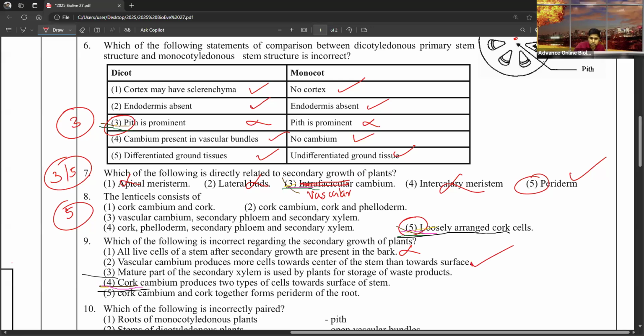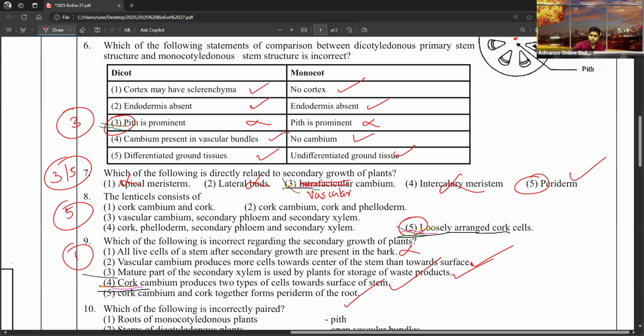The mature part of the secondary xylem is used by the plant for storage of waste products. Correct. Cork cambium produces two types of cells. Correct. What are those two types? Loosely packed cells and tightly packed cells. Cork cambium and cork together form periderm. Correct. So I'm taking the first one as the answer for question number 9.